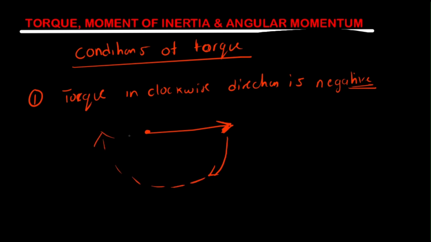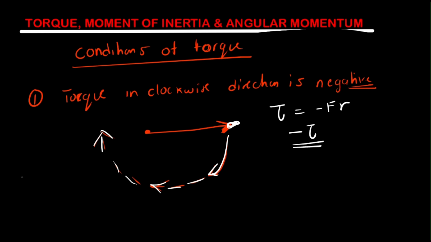That is clockwise direction. So this object is moving in a clockwise direction, and its torque here is negative, like that. That's the first condition. So in here, you shall see something like negative, or sometimes they write torque negative. So that's what it means.